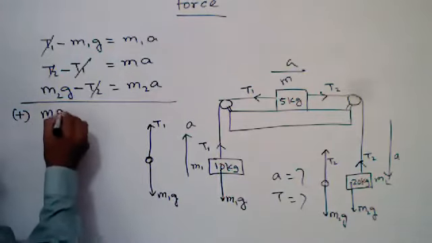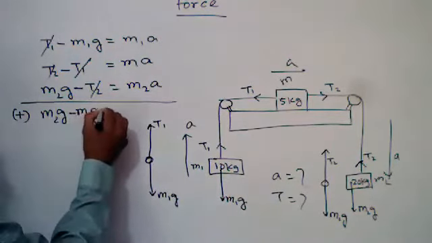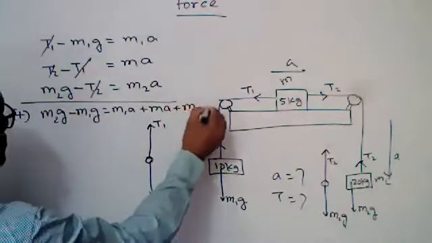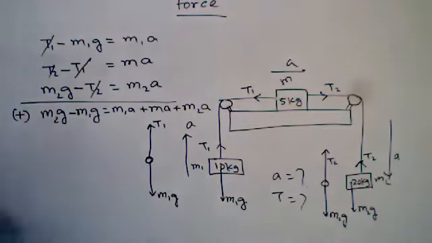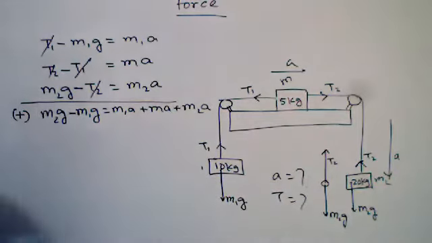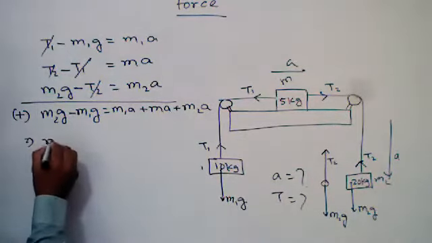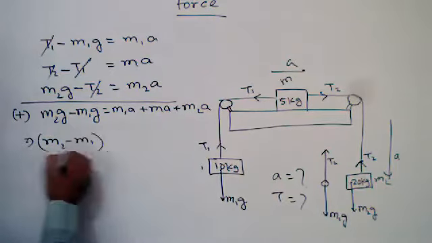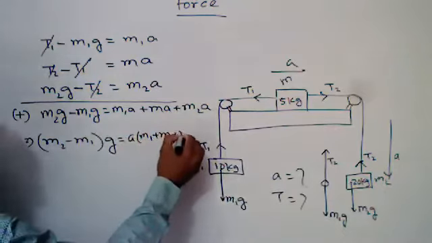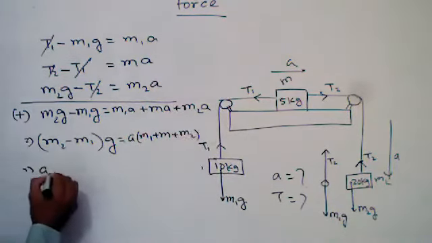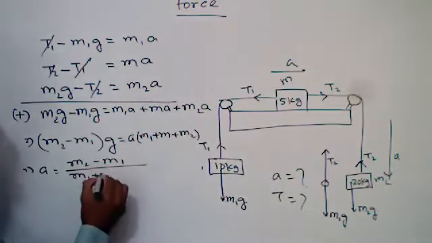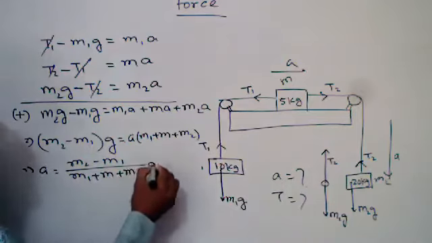So M2G minus M1G equals M1A plus MA plus M2A. So (M2 minus M1) into G equals A into (M1 plus M plus M2). So A will be (M2 minus M1) over (M1 plus M plus M2), into G.